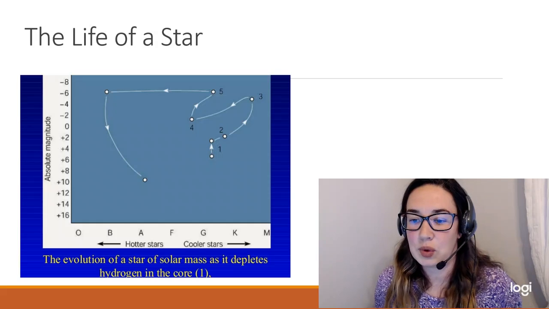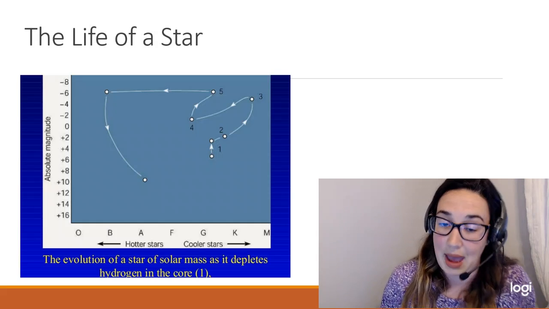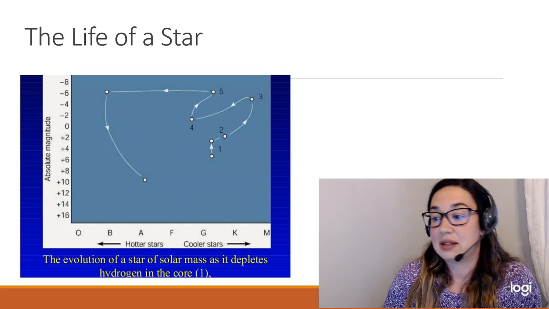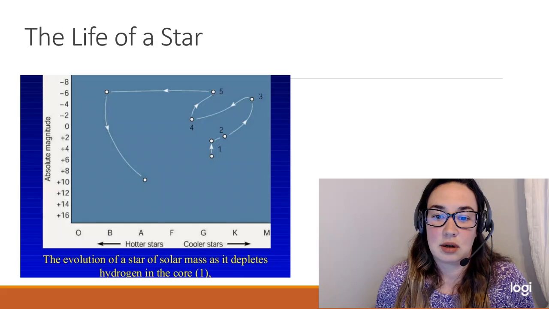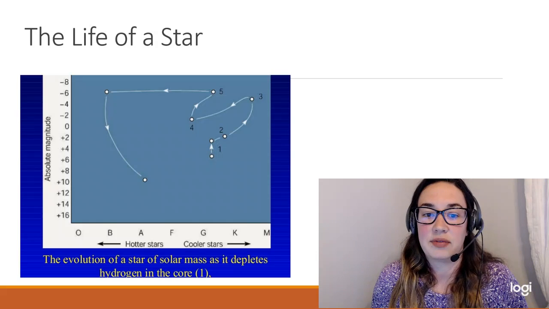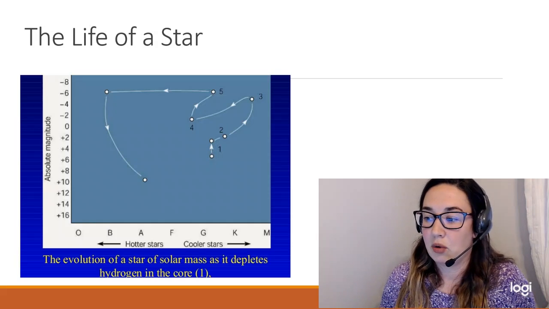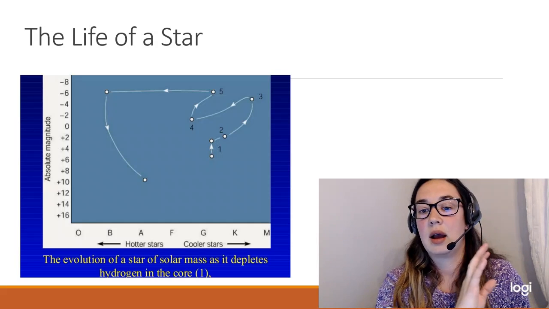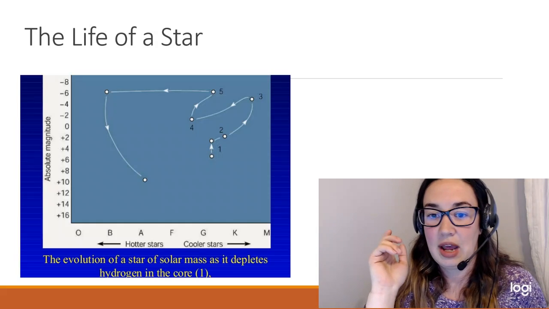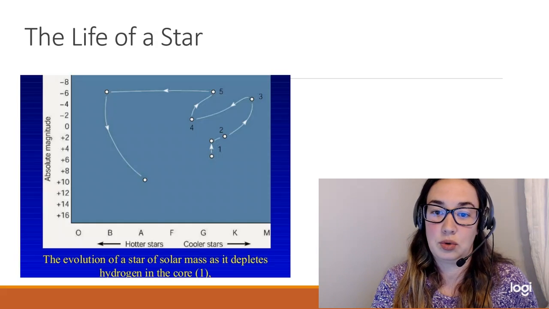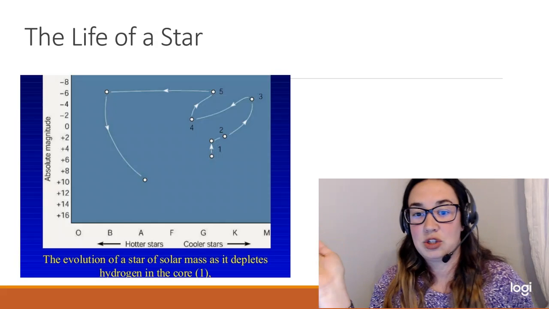If you were to look at the life of a star on a map, this is what you might see. You see our stage 1. Maybe it starts off as a cooler star classified as a G, moves to a 2, and then over to a 3, and then becomes maybe a classification M, and then back over to an F, and then back to a 5.